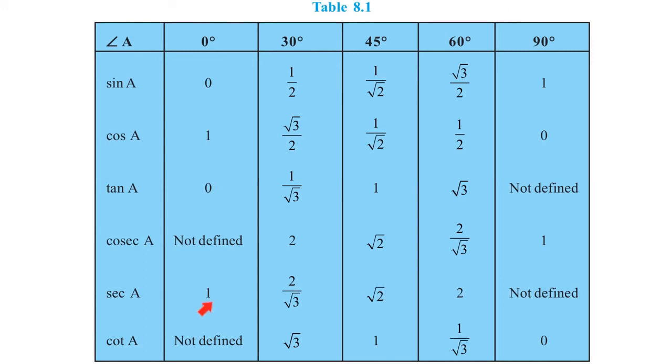Secant 0 is 1, secant 30 is 2 over root 3, secant 45 is root 2, secant 60 is 2, and secant 90 is not defined. Cot 0 is not defined, cot 30 is root 3, cot 45 is 1, cot 60 is 1 over root 3, and cot 90 is 0.